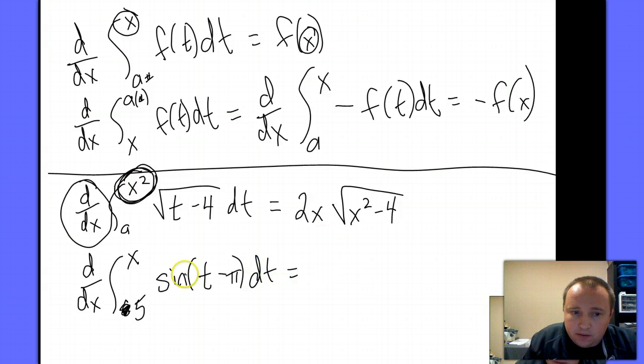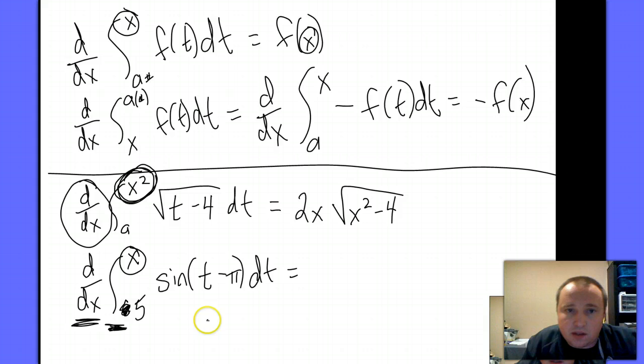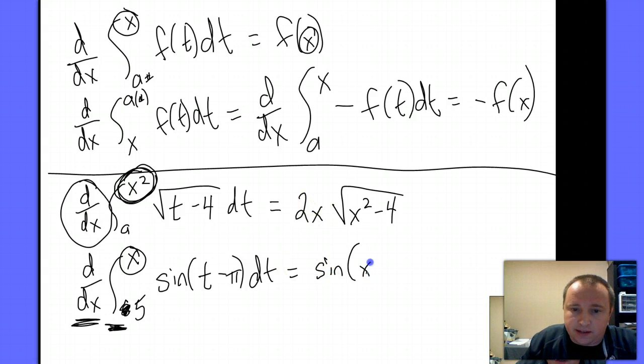Well, since it's just an x, simply plug it in, because you're finding the derivative of the antiderivative. They undo each other. And so you would get sine of x minus pi, and that's it.